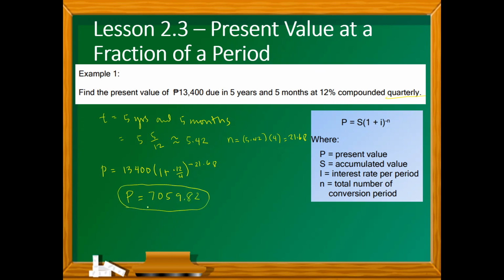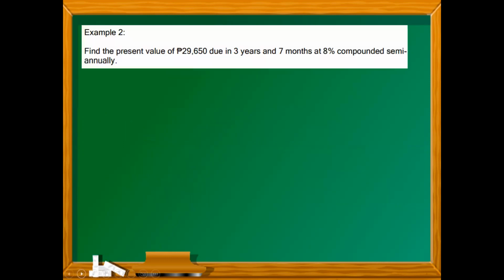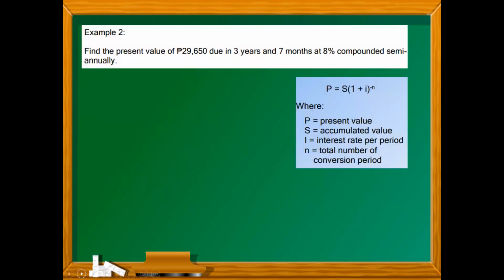Okay, and one more example for present value with t as a fraction. So find the present value of 29,650 pesos due in 3 years and 7 months at 8% compounded, again, semi-annually. So with t equals 3 years and 7 months, we have t equals 3 and 7 over 12.